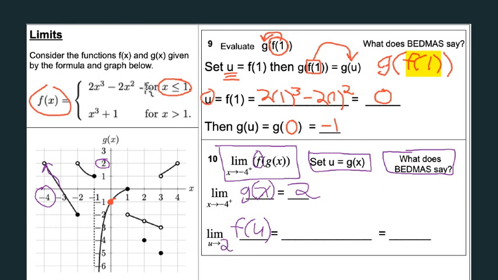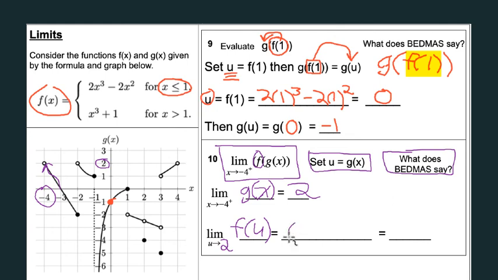So we just treat this as if it's a function in terms of u. So when I'm approaching 2, which function do I use? The top one or the bottom one? Well, I'm pretty sure if u is approaching 2, that's like x being greater than 1, so it becomes x cubed plus 1.